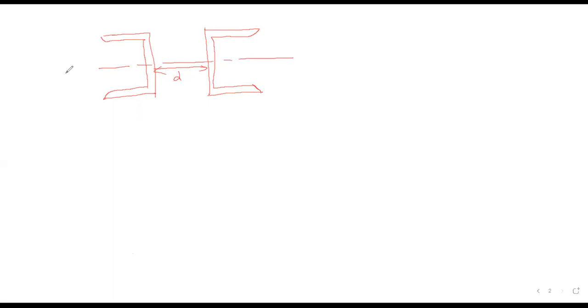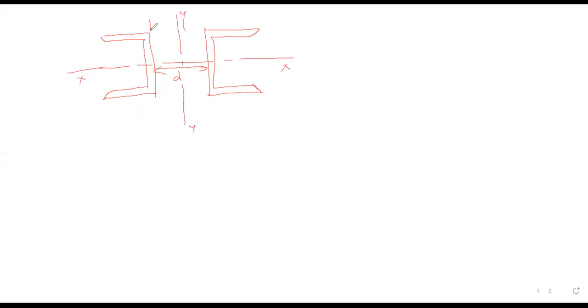For example, if we have a channel section, in this diagram the channels have been placed back to back. Here the spacing between the compression members is nothing but D. This is the x-x axis and here it is the y-y axis.